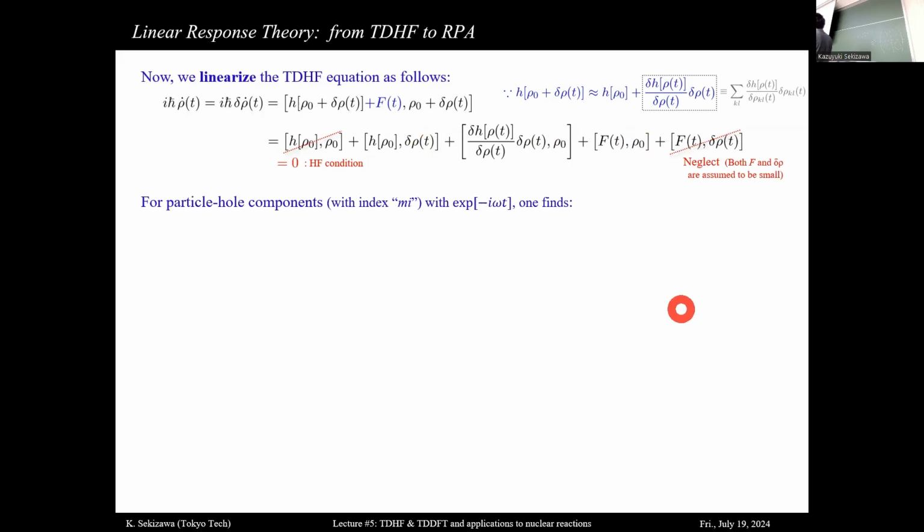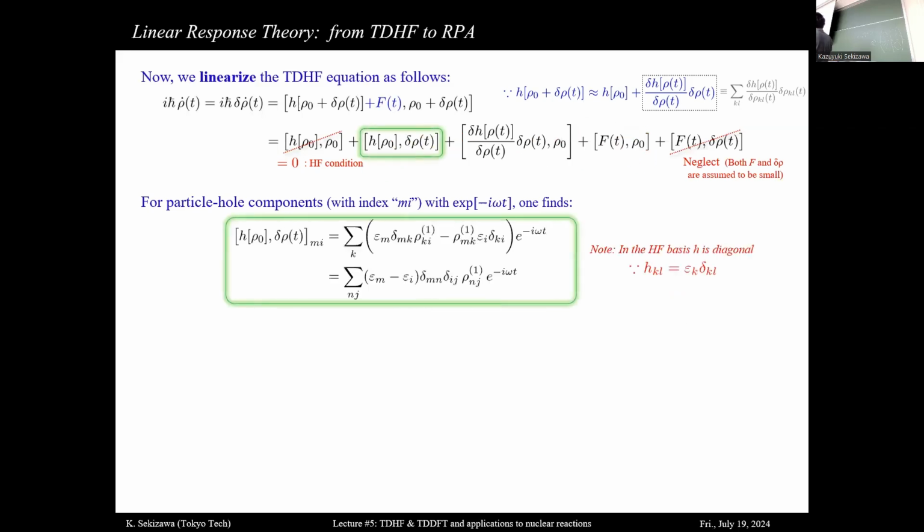And let's see what happens here. So the H delta rho term. And you can put the form of delta rho in this way. And remember that the Hamiltonian matrix H is diagonal in the Hartree-Fock state, in the ground state. So this H_kl can be replaced with the single-particle energy, and it has only the diagonal components.